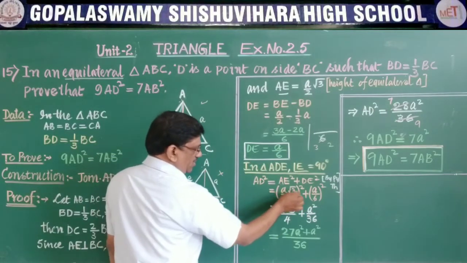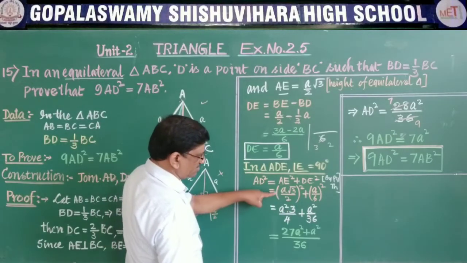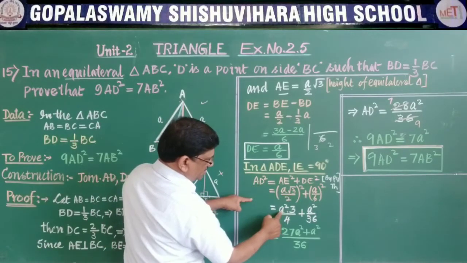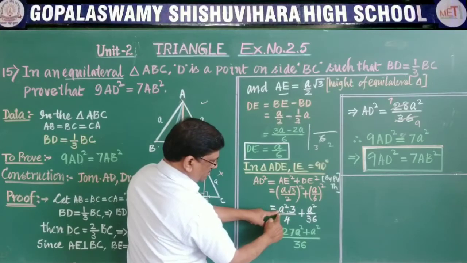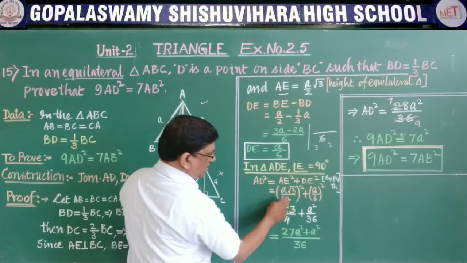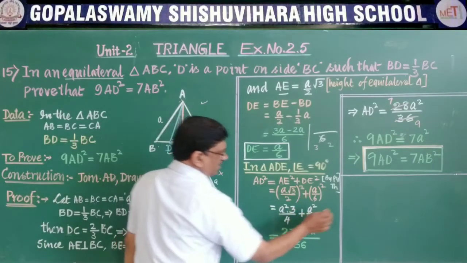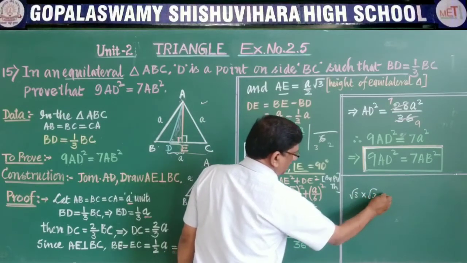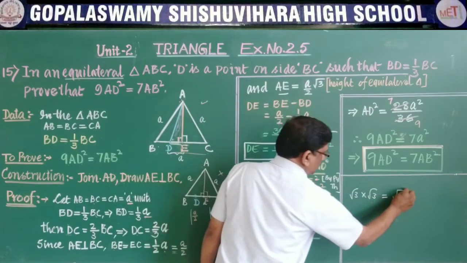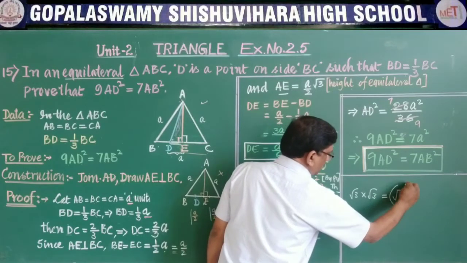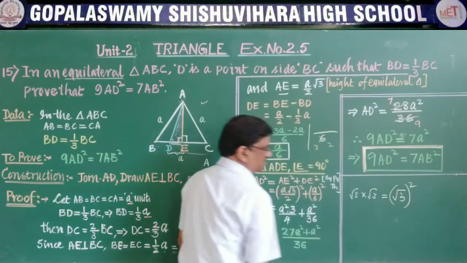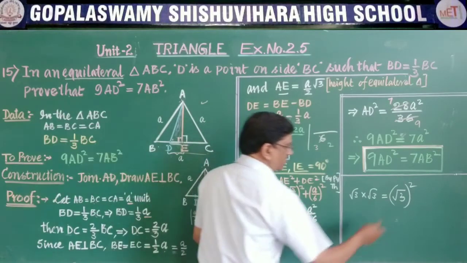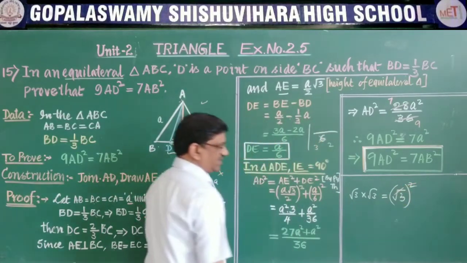So whenever we square it, what does it become? A square into root 3 whole square. Root 3 whole square means the square and the root get cancelled.